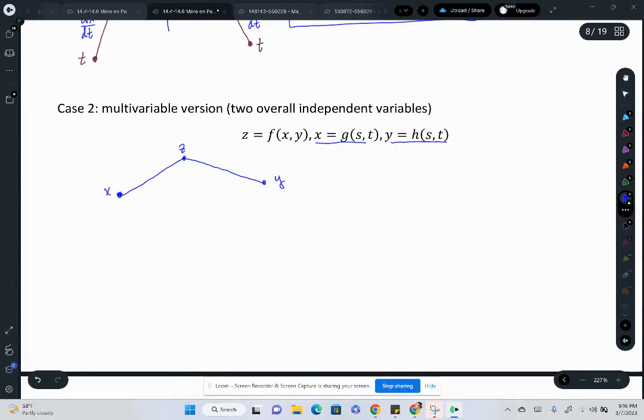And then x itself is a function also of two variables, s and t. And then y is a function of two variables, s and t.